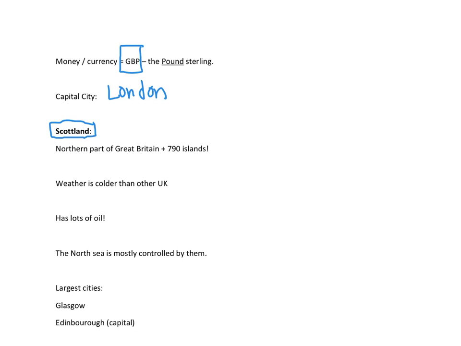So you could spend a few summers just taking a kayak and going to visit the islands.